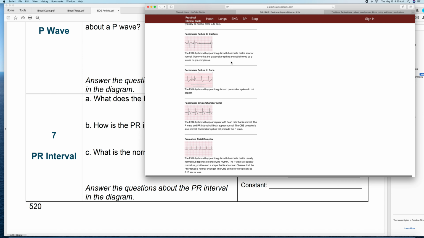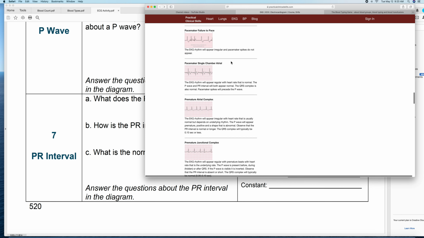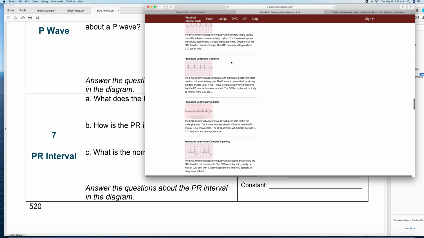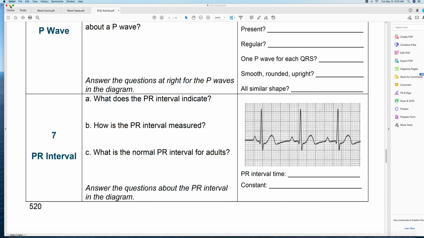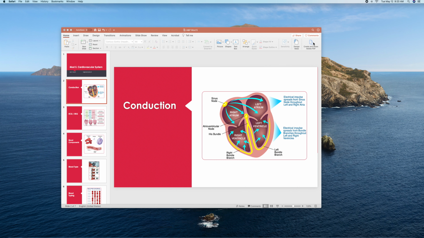It was kind of like my heart would do a double beat and then skip, and double beat and skip. And they were able to diagnose that through an ECG. Oh, here we go. Premature ventricular complex right here. So that's exactly what mine looked like. Okay, so that's what I want you to do for conduction.